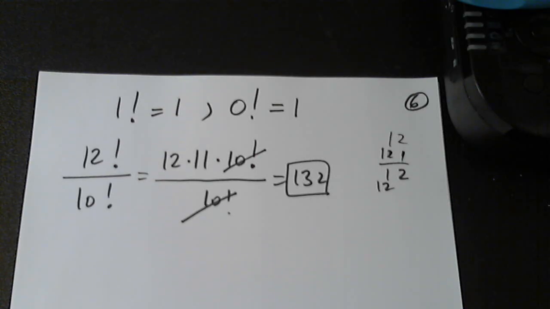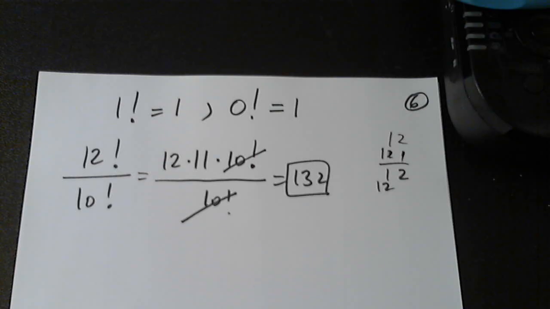Scroll to the right, and then you choose 4. So if you want to choose, let's say 12 factorial, let me put 12 and then factorial.